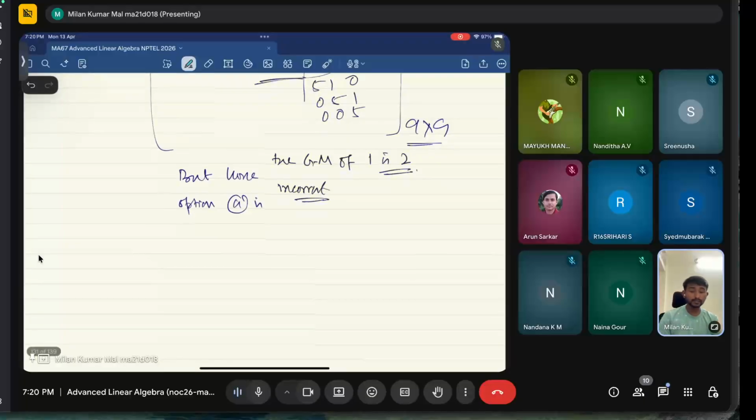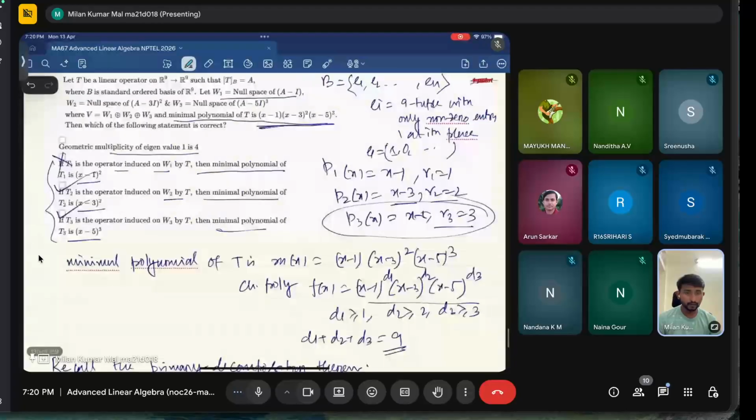I hope the first three facts are very much clear. What I have tried to give using the primary decomposition theorem, I hope it is easy. Is the last one clear to everyone? Even for the primary decomposition theorem, you can ask me. Is how I am trying to solve this problem clear to everyone?